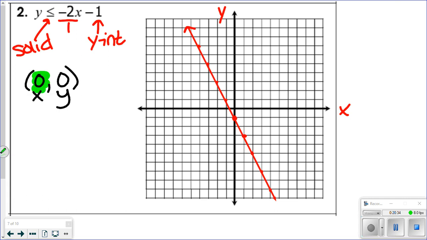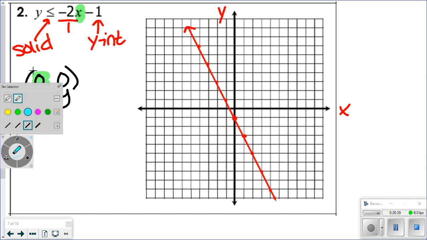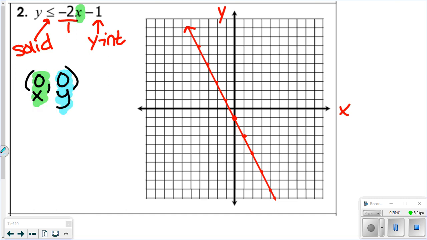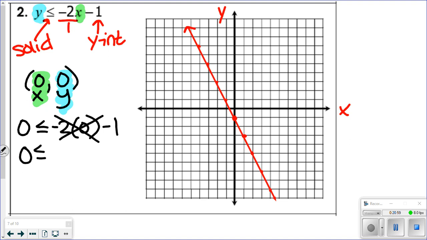So this 0 goes in here as its replacement or substitute, and this 0 goes in here for y as its substitute. So if I write it out, 0 less than or equal to -2 times 0 minus 1. Well, anything times 0 is just 0, so these cancel, and I'm left with -1.